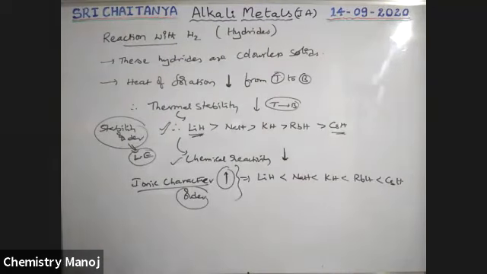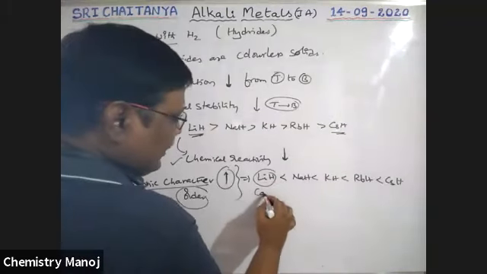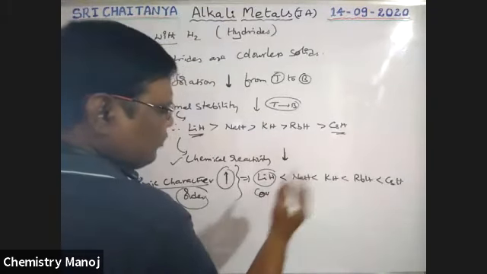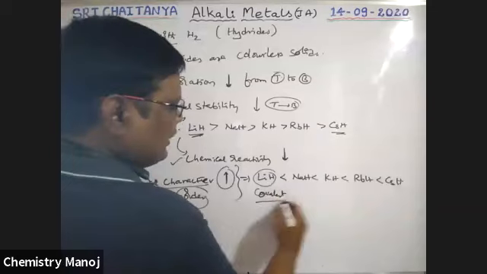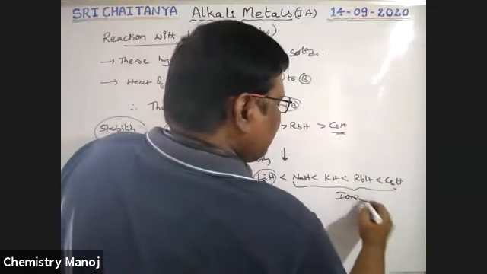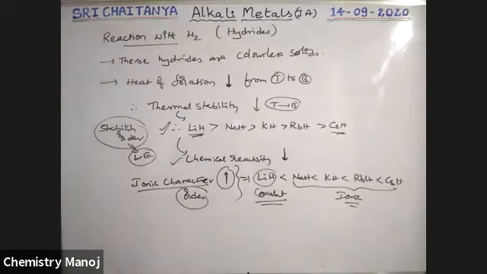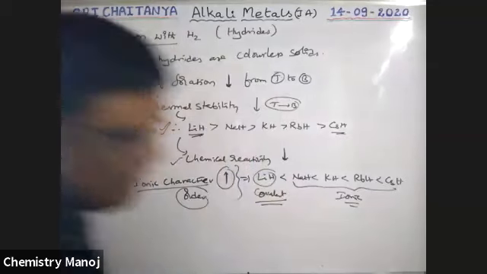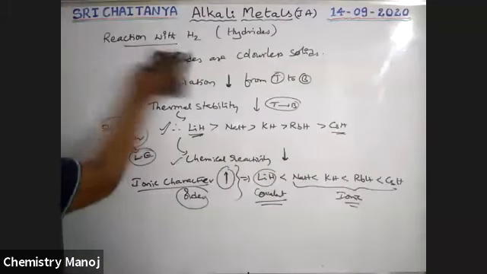Lithium hydride is covalent in nature, and already we have completed this, boys. Remaining all are ionic hydrides. That is according to Fajan's rules, the formation of ionic compounds. So this is the order of ionic character.